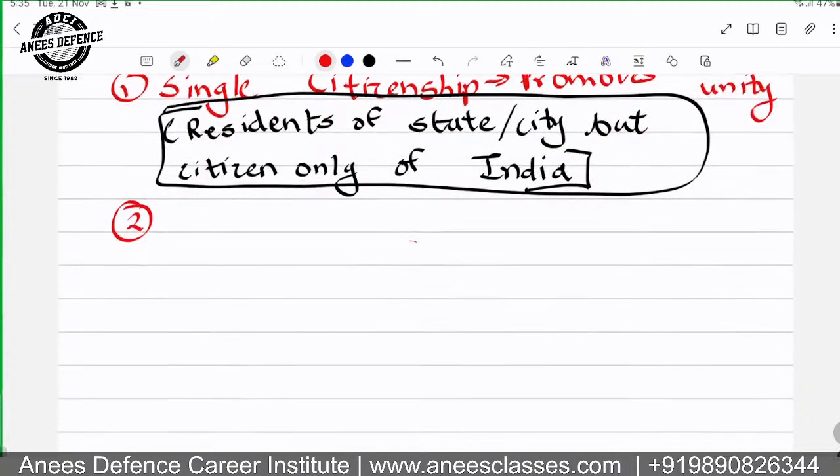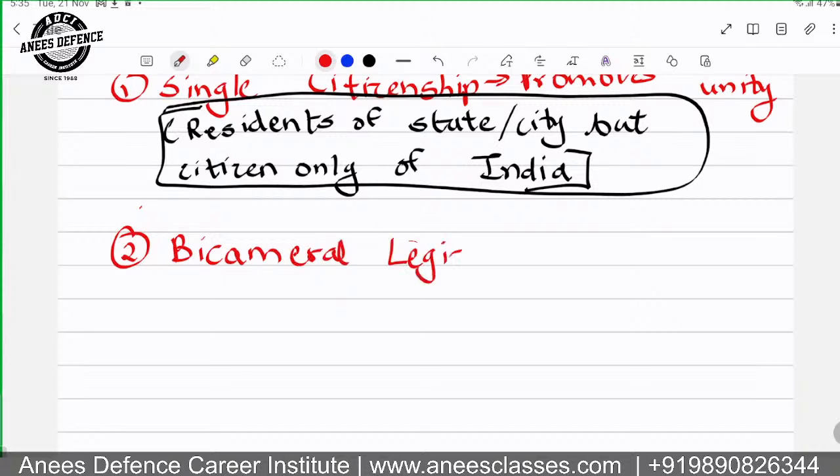Next thing we will see about is bicameral legislature. Now, what does this word mean?